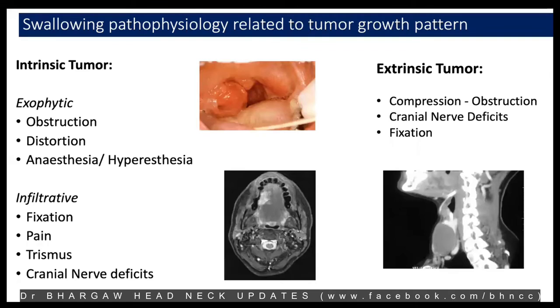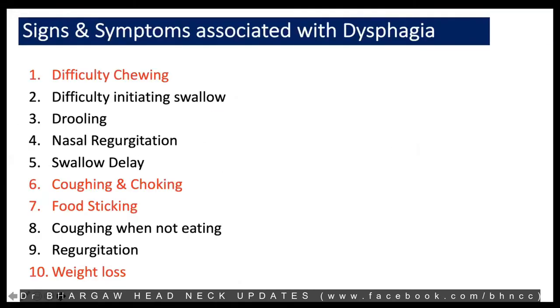So by seeing the head and neck patient, you need to understand what kind of problems or what kind of rehabilitation this patient would need even before you start the treatment. This is where the planning starts happening. And also there is extrinsic compression by certain tumors such as thyroid carcinomas, which can mechanically cause external compression of the esophagus.